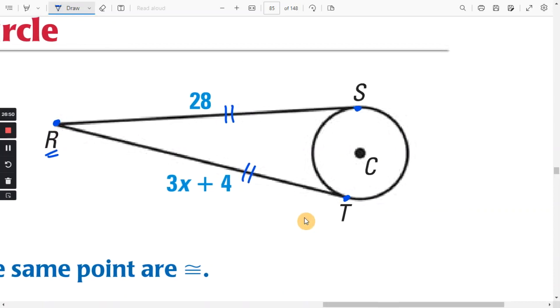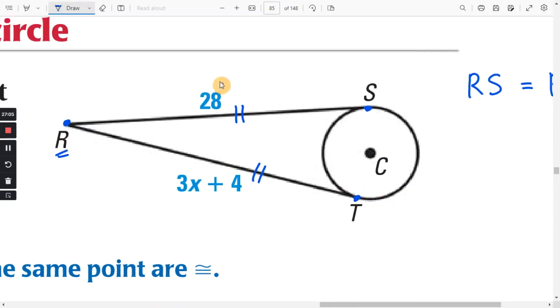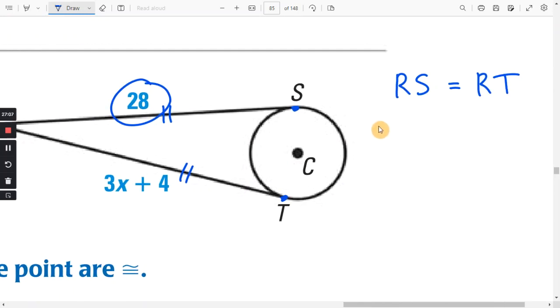So RS equals RT. Let's start with that. RS equals RT. And it is given in the problem and in the diagram, RS equals 28. And RT is this one right here. That's 3x plus 4.